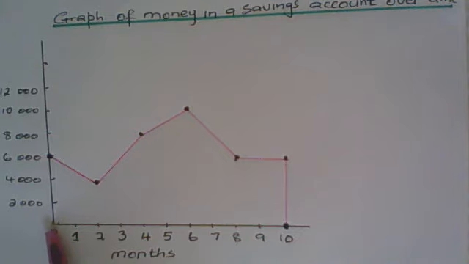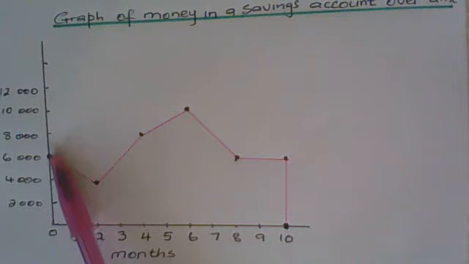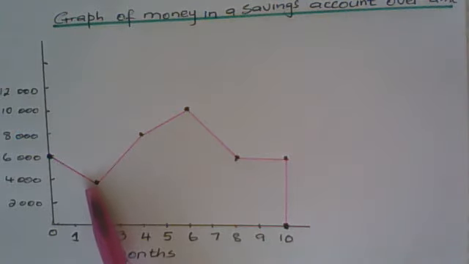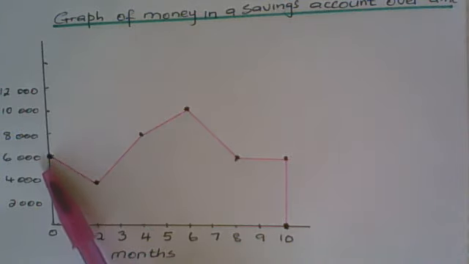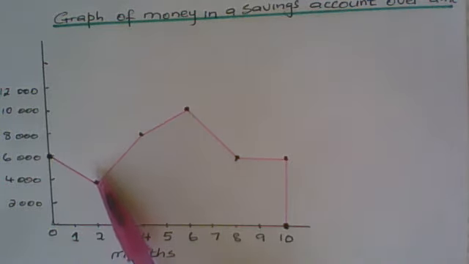Initially, the value was 6,000. Now after 2 months, what happened? It is now 4,000. The value decreased by 2,000. How did you get that 2,000? It's 6,000 minus 4,000. Now that is the decrease in value.